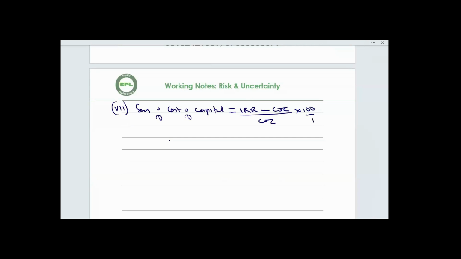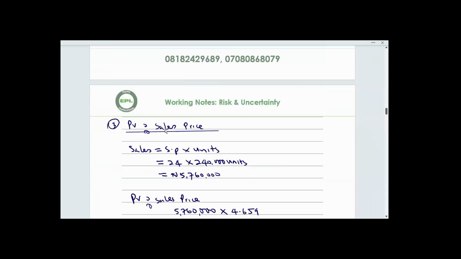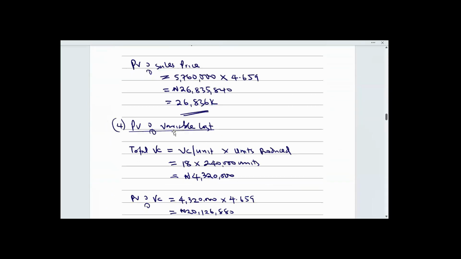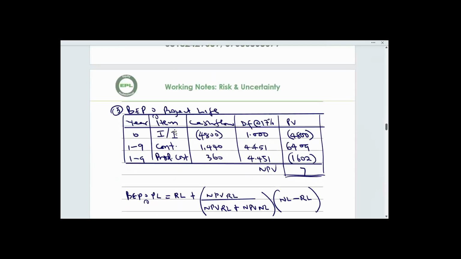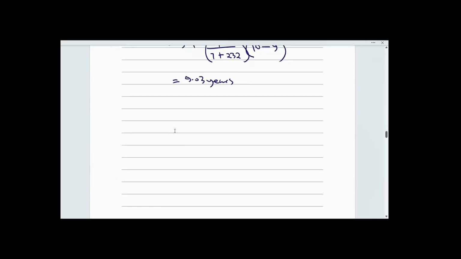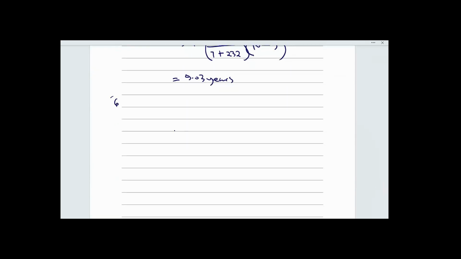So with this, based on this formula, it means that we need to go and calculate internal rate of return. All right. So after that, then we can complete our calculation. So working number 6, I want to calculate internal rate of return.